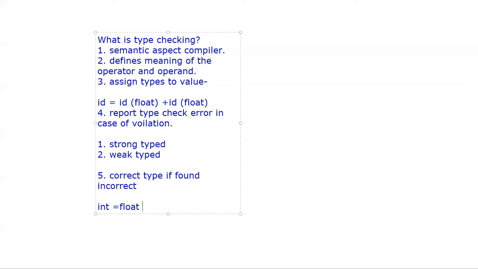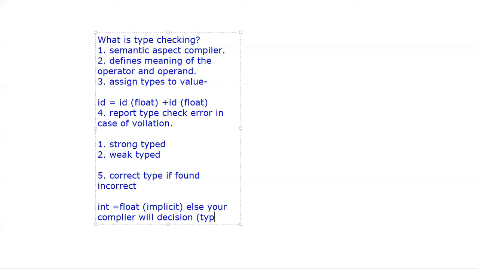So basically in this case, your language should handle type conversion, either implicit or explicit. If you have not written explicit, then it should handle implicit. Otherwise, your compiler will take the decision: what part of the value should be stored into the resultant?